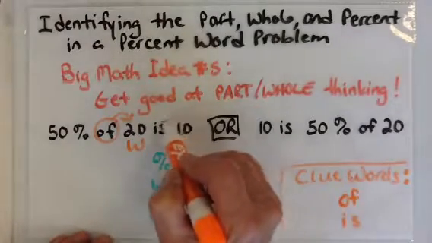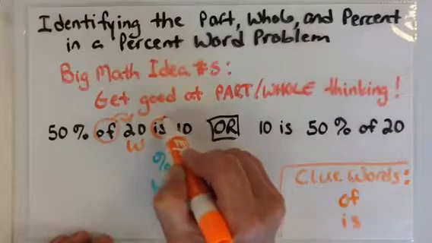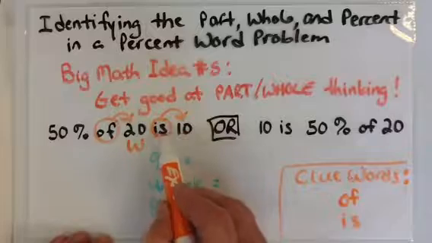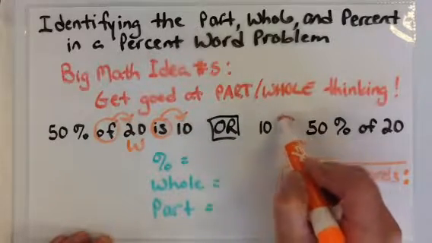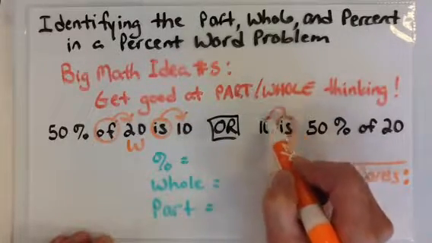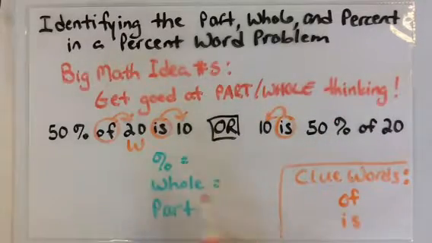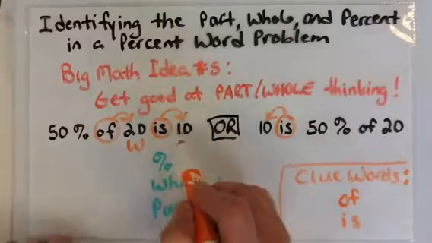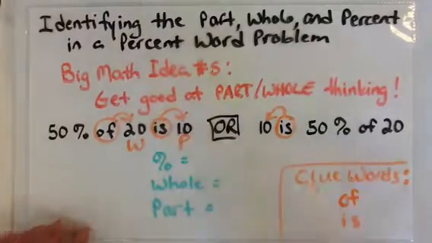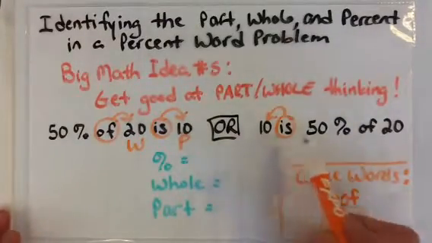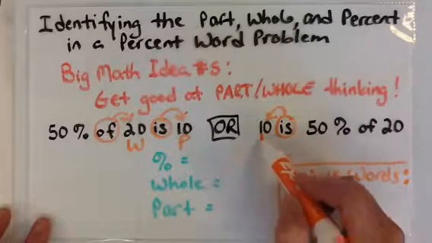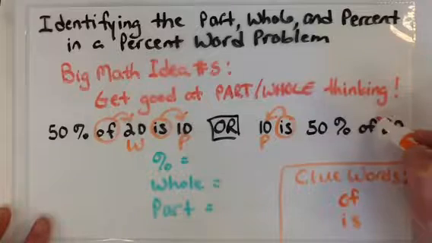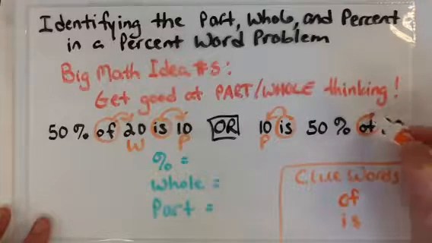The number that is next to the word is, and sometimes that number comes after the word is, and sometimes it comes in front of the word is. So that's why I'm saying the number that is next to the is, that's the part. So let's go over, we've got the part labeled in this statement, but let's go over and label the whole.